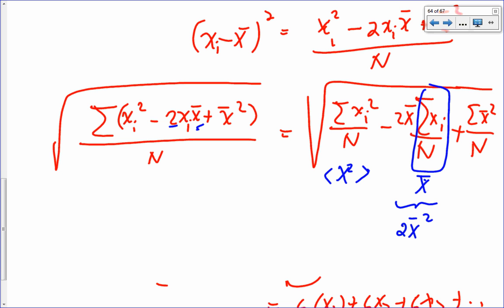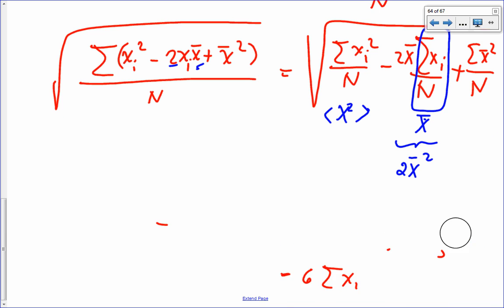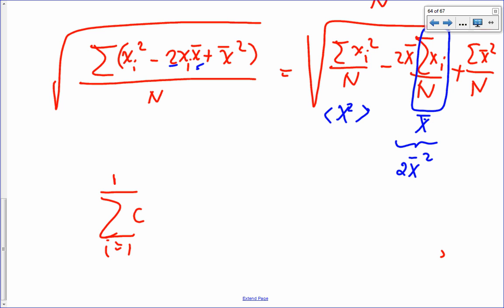What is the summation of x bar squared over n? What is the summation of a constant? What's the sum of a constant from i equals 1 to n? It's just that constant? Okay, let's try it. C plus, for i equals 1, there's a C, right?